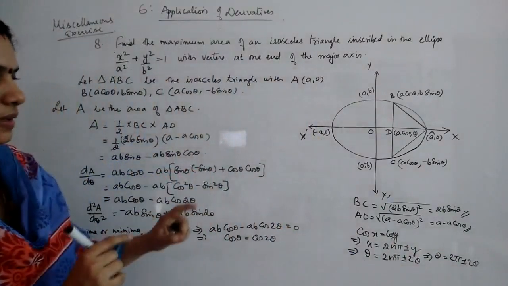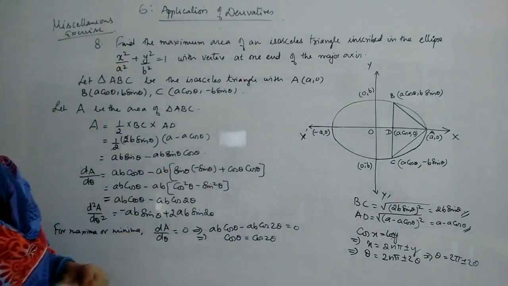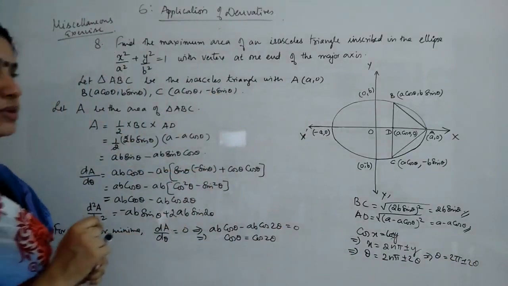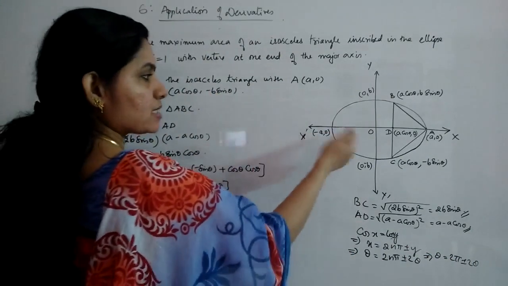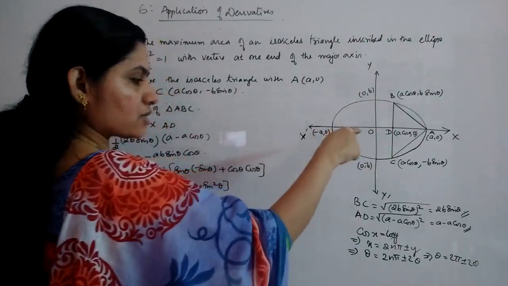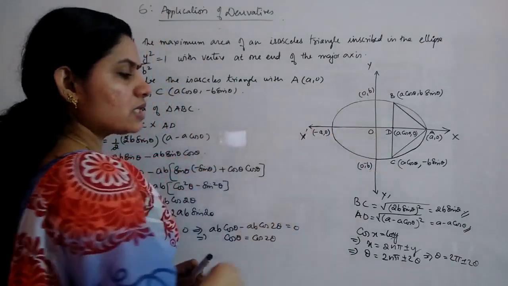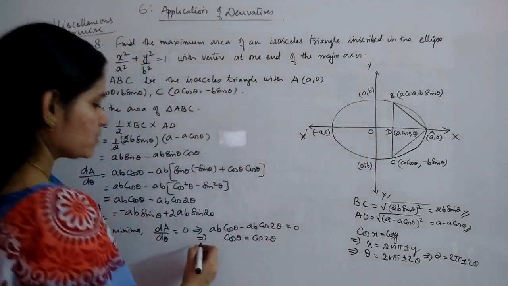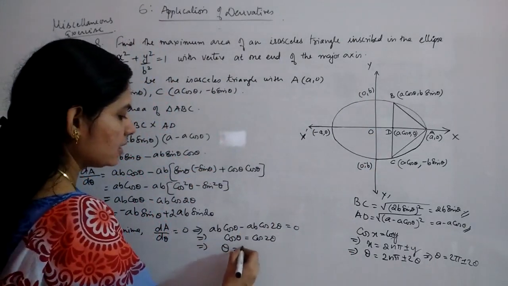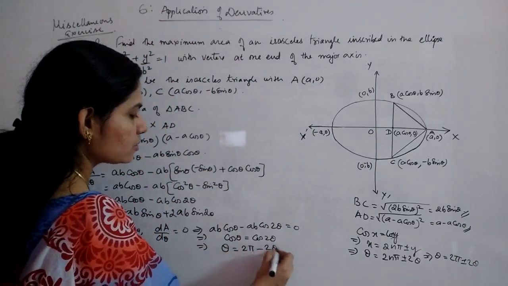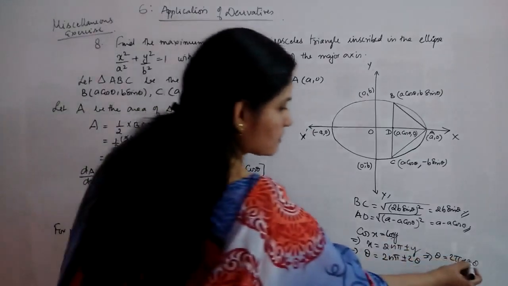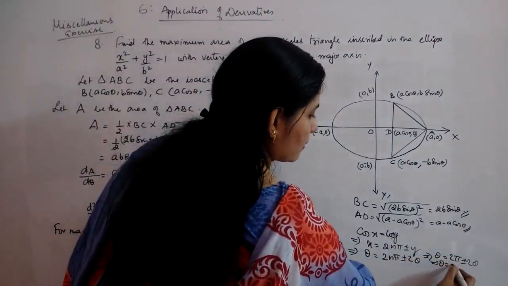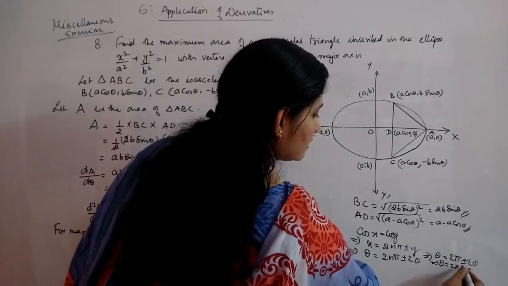Now for plus or minus 2 theta, we have to select which one will be suitable. If it is 2 pi plus, that means after this revolution again it is going, and we don't need that. So we will choose 2 pi minus 2 theta only. So plus or minus will give you only minus applicable here in this question.